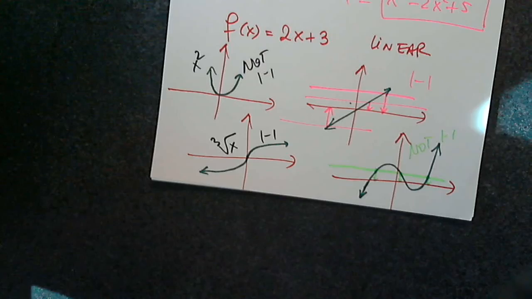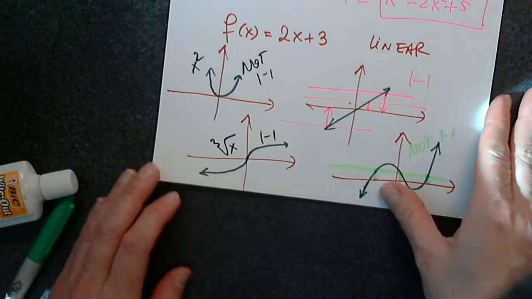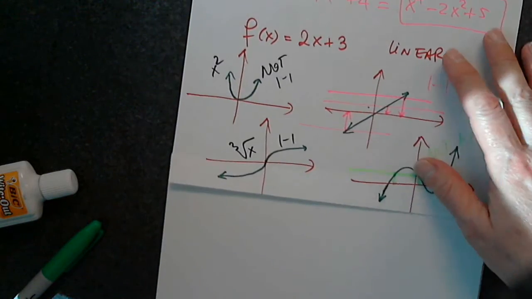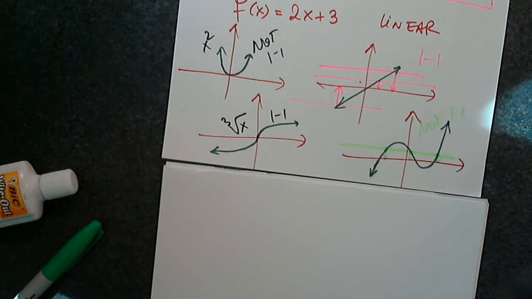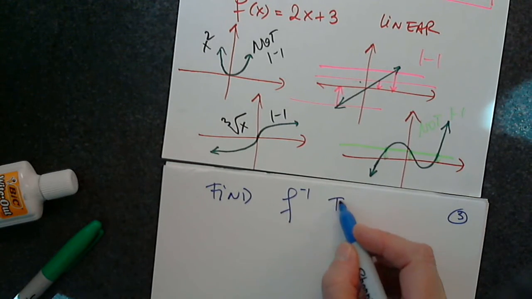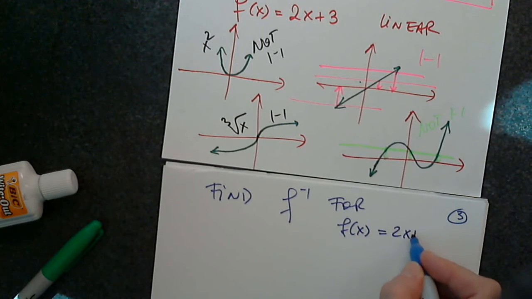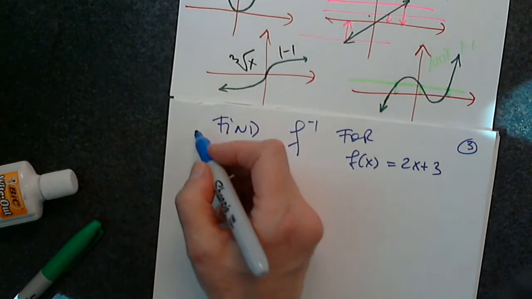Okay. So now knowing that the linear function is 1 to 1, we are asked to find its inverse because it has an inverse. So find f inverse for the function you just gave me. That's number 1.